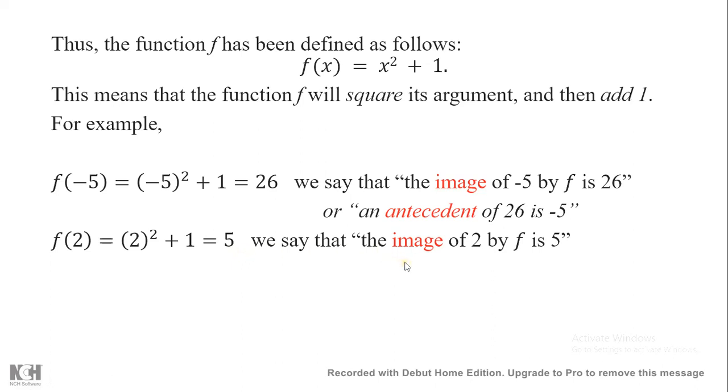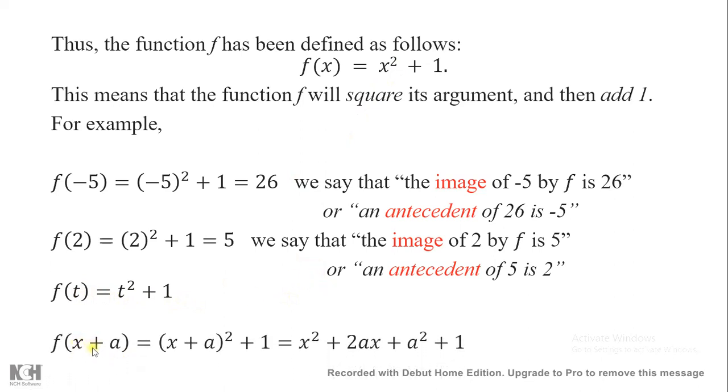We say that the image of 2 by f is 5. So 5 is the image. Image of what? Of 2 by f. And we may say that 2 is an antecedent or pre-image of 5. This is for naming. f of t, for example, if the input is t, is t squared plus 1 according to this function.